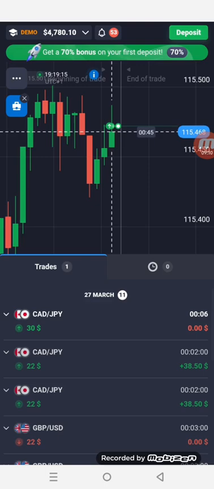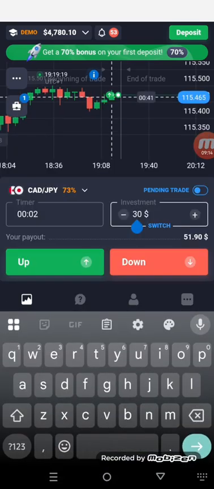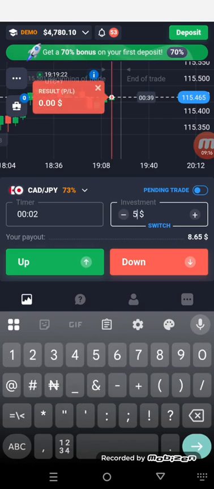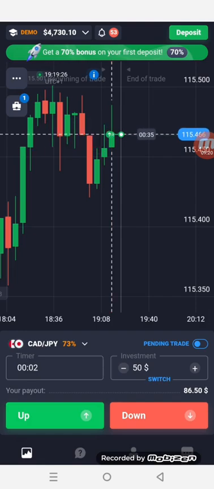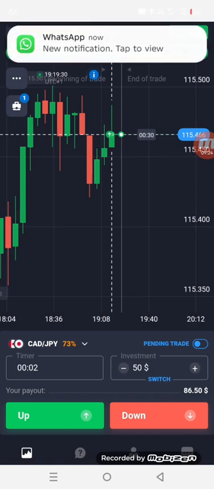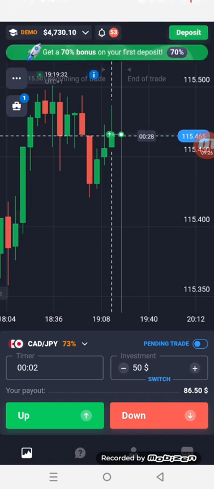As it's counting down, what I said is you increase the money you use here, increase it to 50, for example, and I'll re-enter the trade again. What this means is that on your next trade, if the trade enters to your benefit, you have recovered the money you lost the first time, and you got profit added to it. That's how the martingale works.